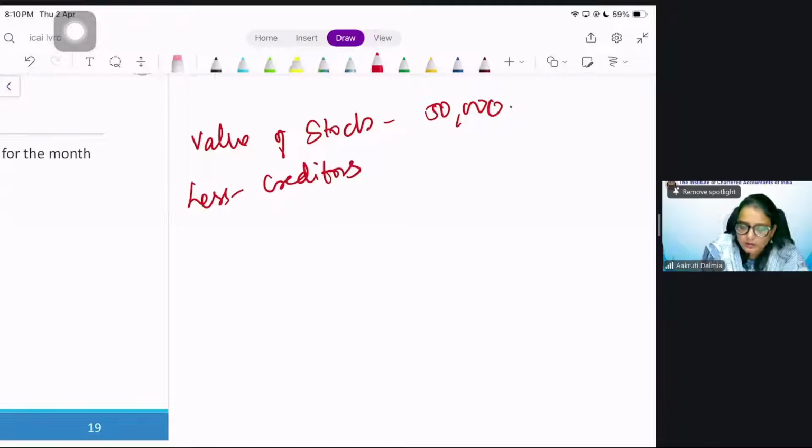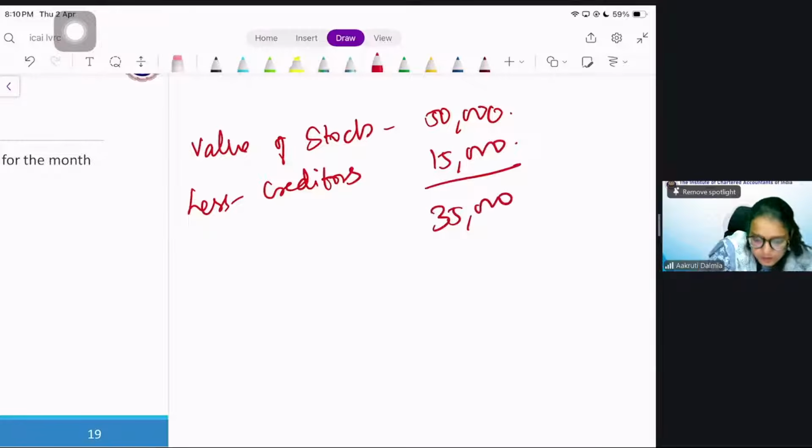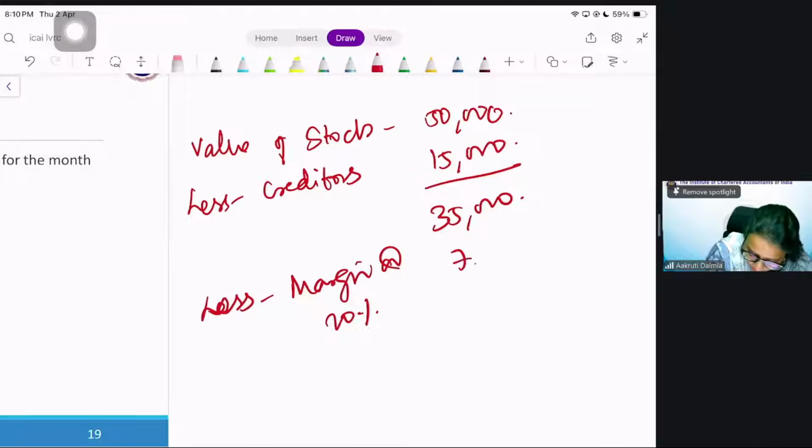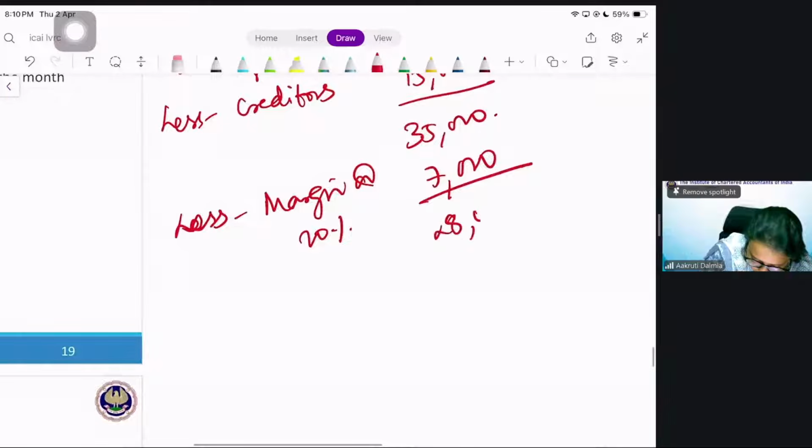Unpaid stock. है ना? Stock जिस पे हमने payment नहीं किया है. So creditors we will remove, 15,000 rupees. So what is the value of paid stock? 35,000 rupees. Then less margin. How much is the margin given? 20% margin. So that would be 7,000 rupees. So it will be 28,000.